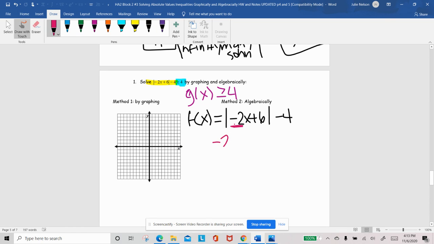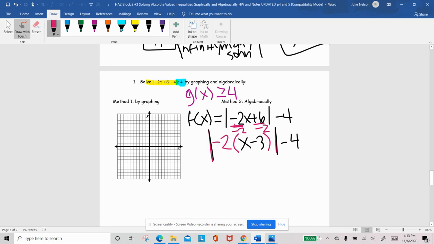So I'm going to divide by negative 2. Divide means to factor, right? Factor or divide by negative 2. So when I take negative 2x divided by negative 2, I'm left with x. And 6 divided by negative 2, I'm left with negative 3.